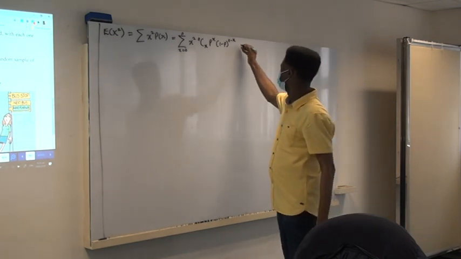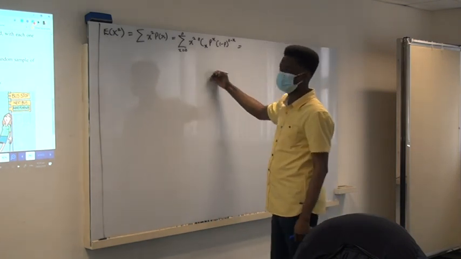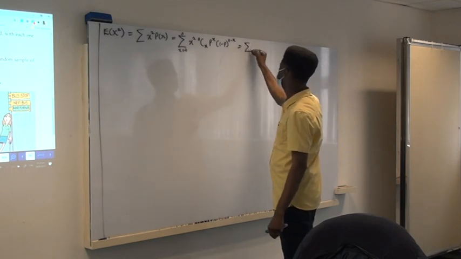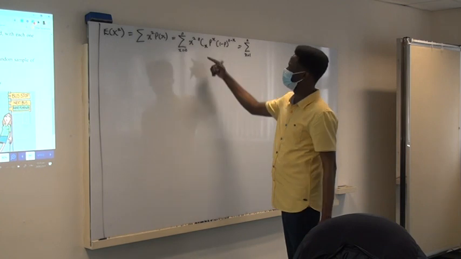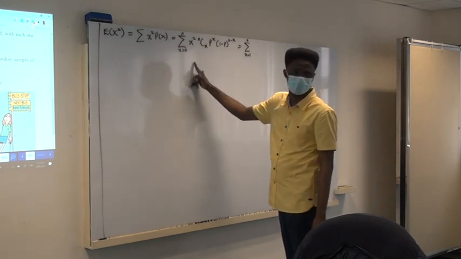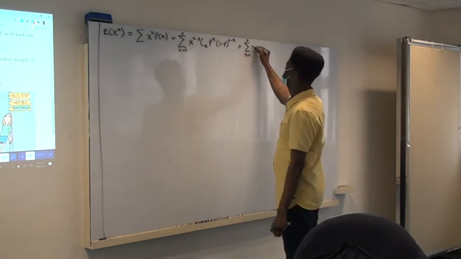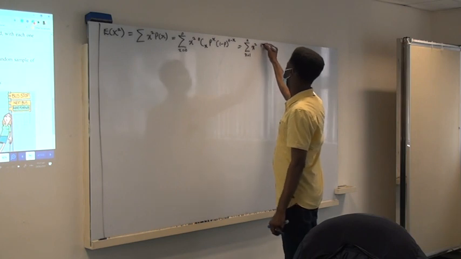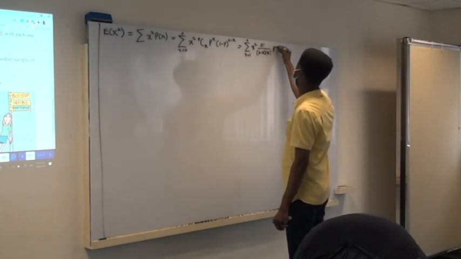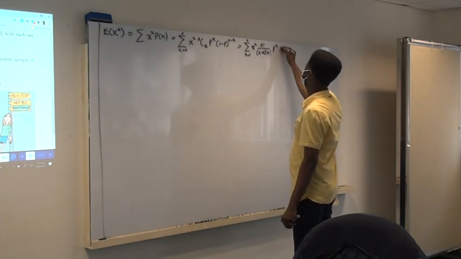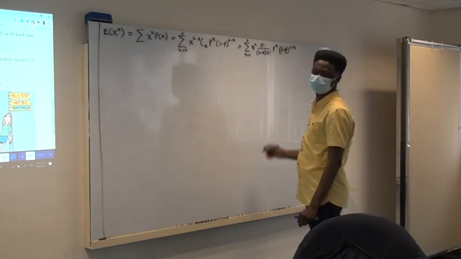Again, if you apply 0, when x is equal to 0, everything becomes 0, so you have your x from 1 to n, which means there are n of them now instead of n minus n plus 1 of them. So this will remain x squared, n factorial, n minus x factorial, and this is still p to power x, I keep writing q, n minus x.